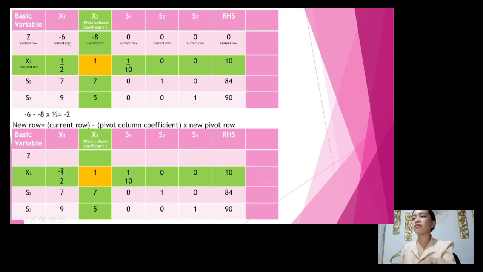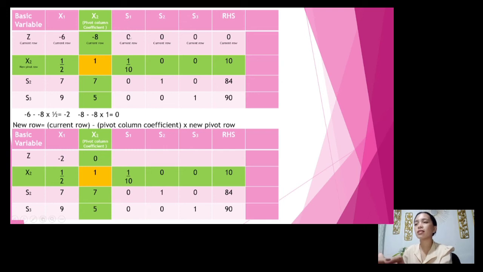So the result of that is negative 2. Next is negative 8 minus negative 8 times 1 is 0.